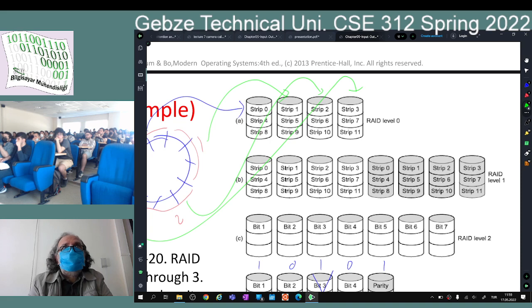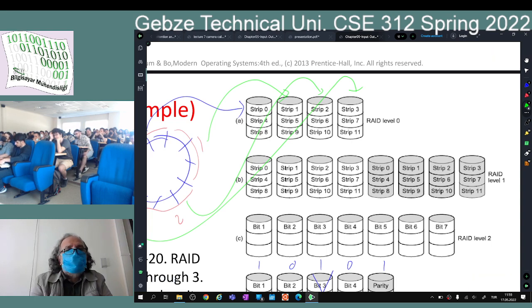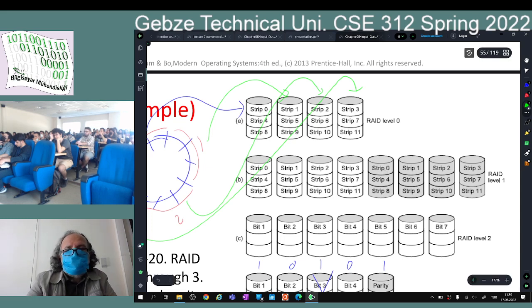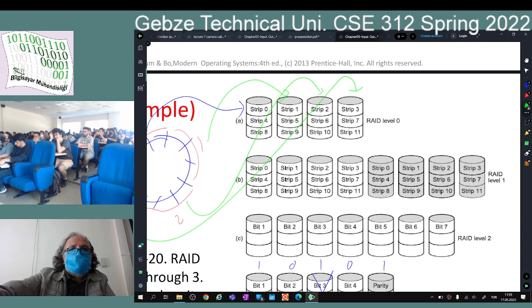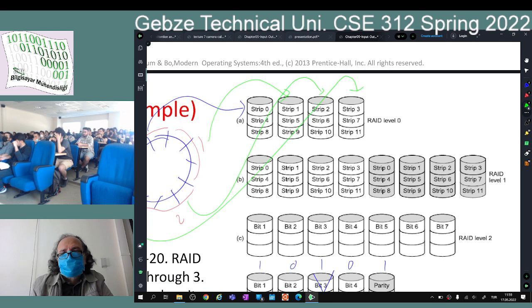If I am reading the whole file, of course I can read it at 8 times the speed, because I have 8 disks now. I can be as fast as 8 times faster. Also, in the worst case, if I am reading sector by sector, I can make it faster. Also, if there is a crash, let's say this one has crashed, let's copy all of them to the new drive. And if you don't like this striping structure, we can switch to the speed structure.